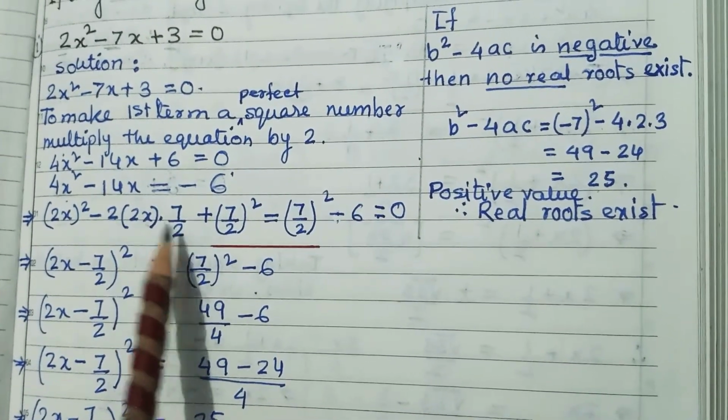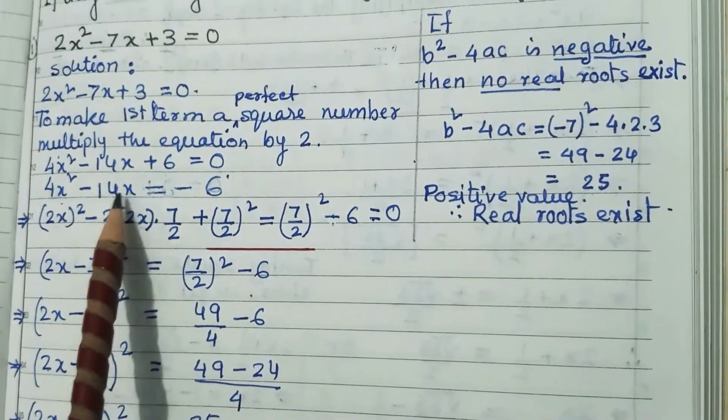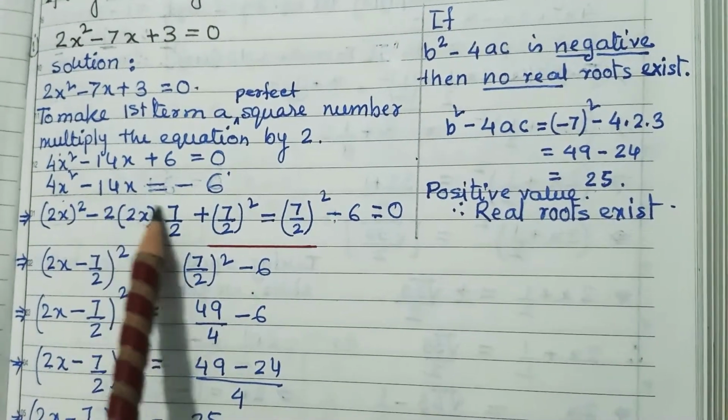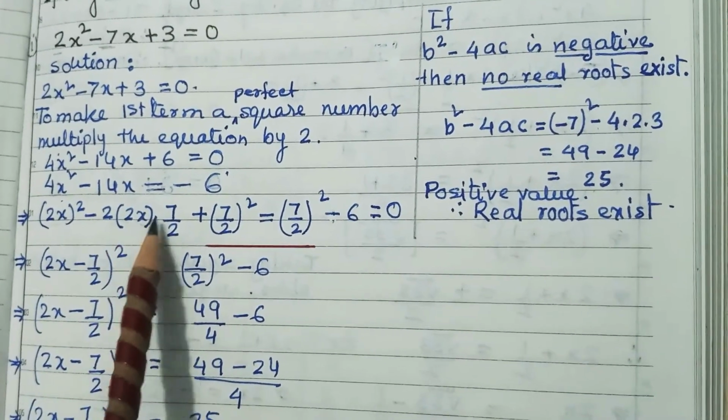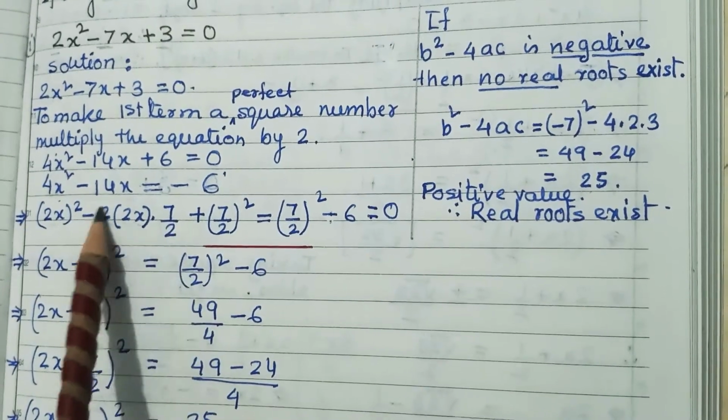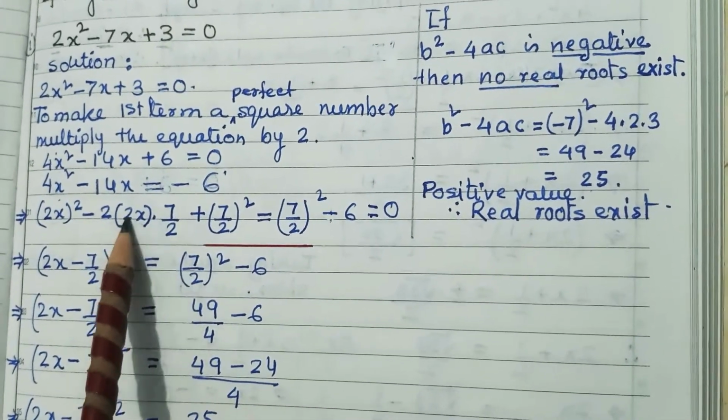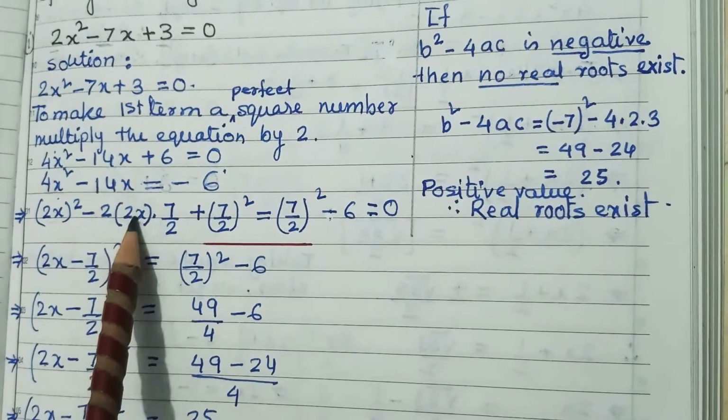What term should b be? We have to check. It is 14x, so we must make it 14. So it is 7 upon 2. The 2 will cancel, so 4, 7 twos are 14x.